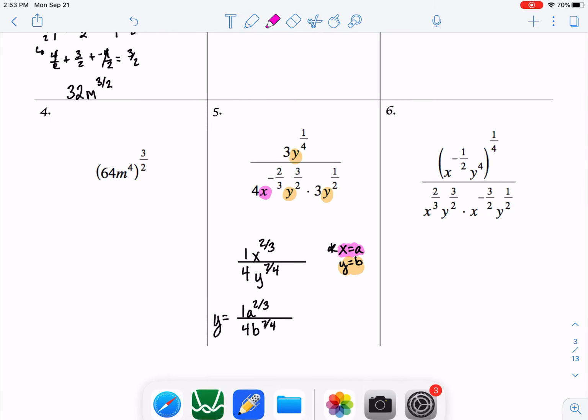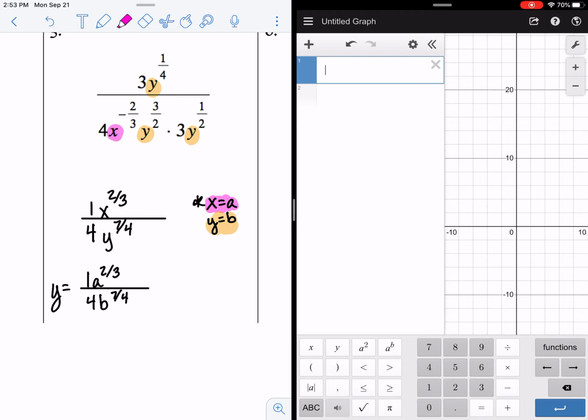So I go y equals. I have division, so I type division first. 3. Now I have a y, but it's really a b, and it's raised to the 1/4. All divided by 4a.